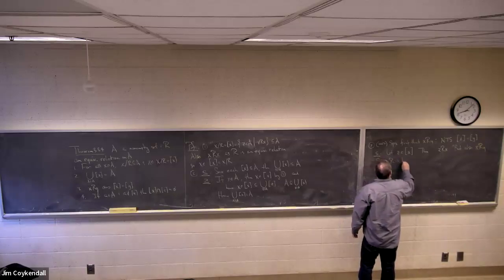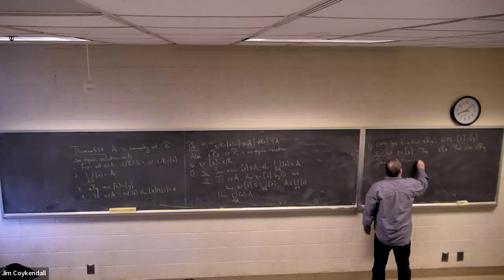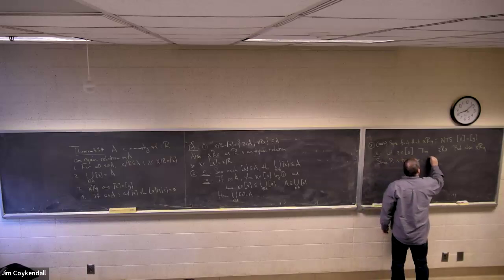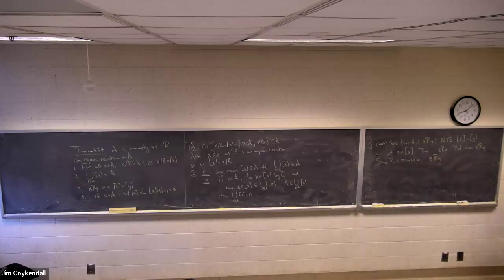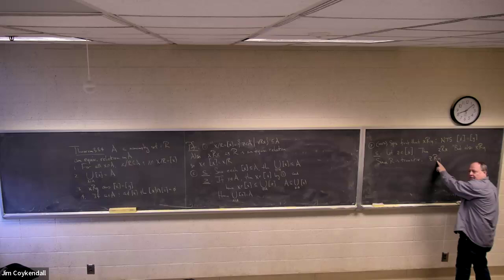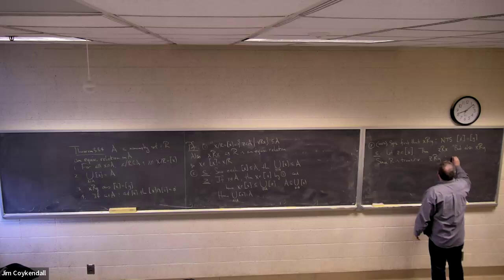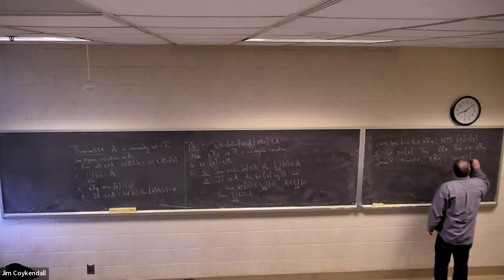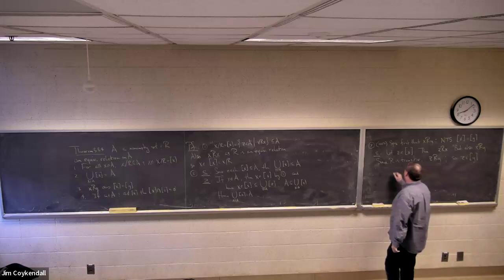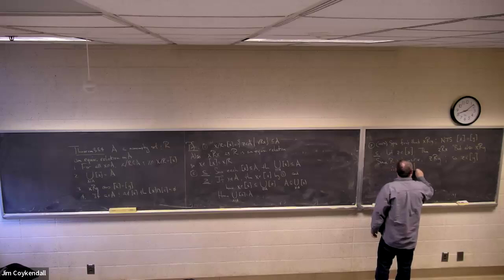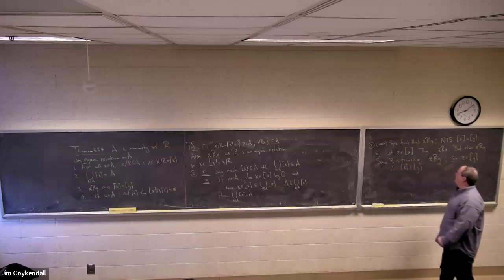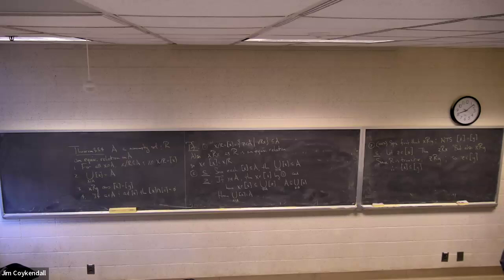Since R is transitive, z is related to y as well. But what does this mean? If z and y are related, this means that z lives in the equivalence class of y. Therefore, the equivalence class of x is contained in the equivalence class of y.